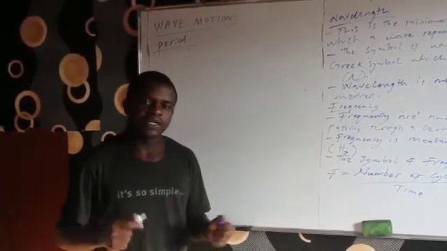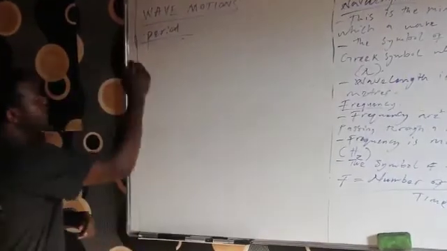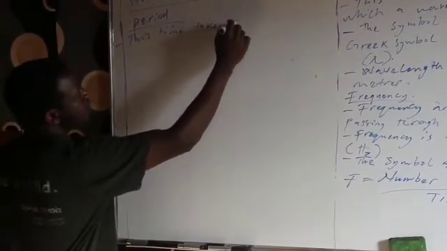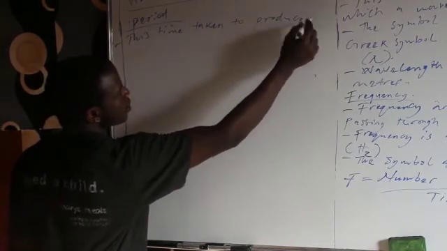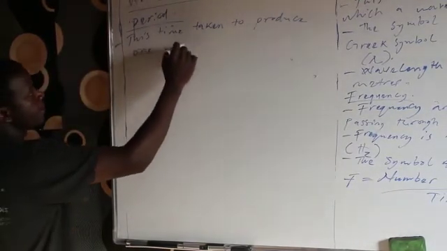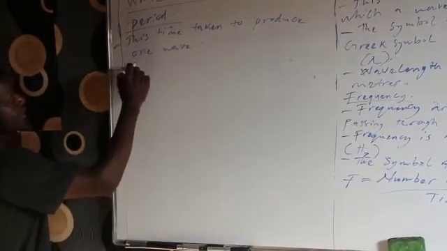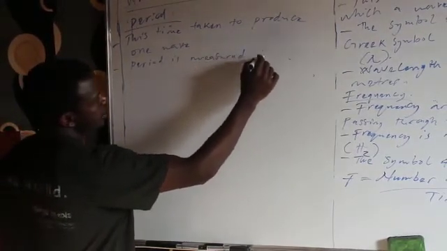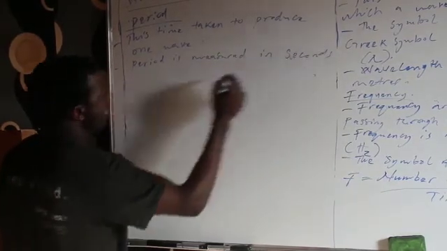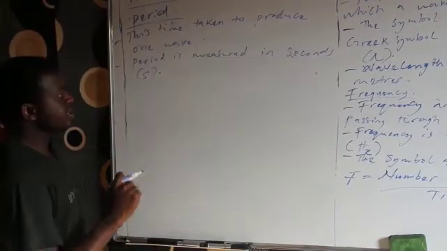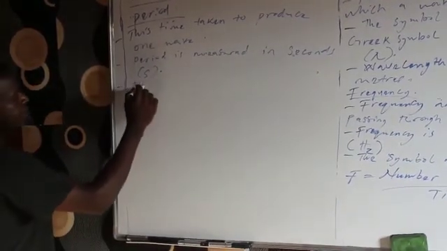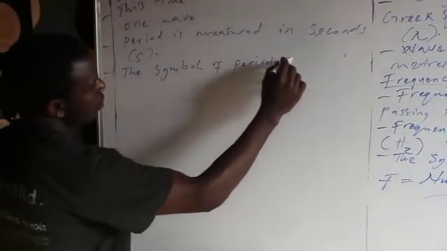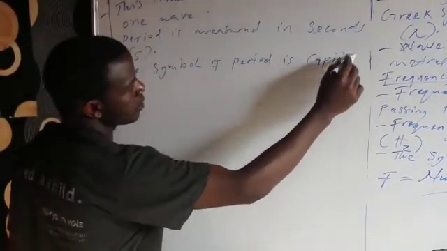The symbol of period is capital letter T.